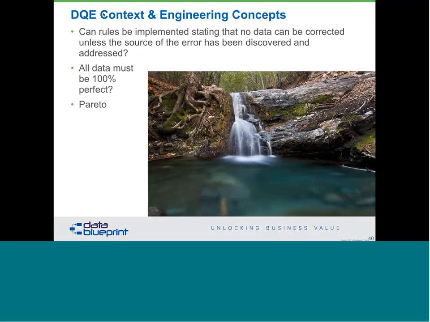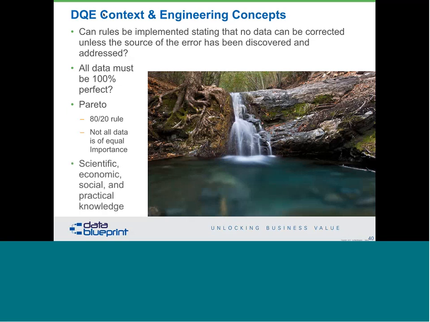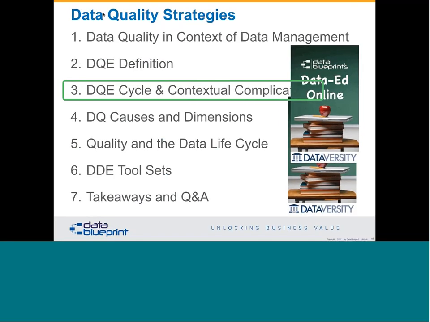But does all data need to be 100% perfect? And the answer is no. We apply Pareto analysis, which is our 80-20 rule. Not all data is of equal importance. Depending on what you're doing, we need to have scientific, economic, social, practical knowledge to come in and help us understand what's going wrong and be able to take it from there.